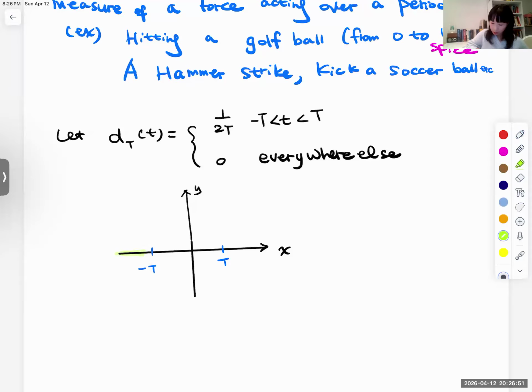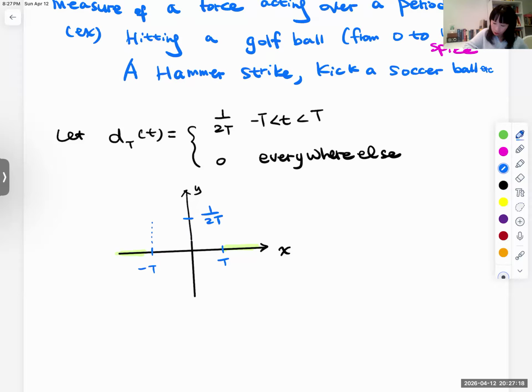That's the 0. Then between negative t and positive t, there is 1 over 2t for the height. So let me draw, there will be 1 over 2t, okay?